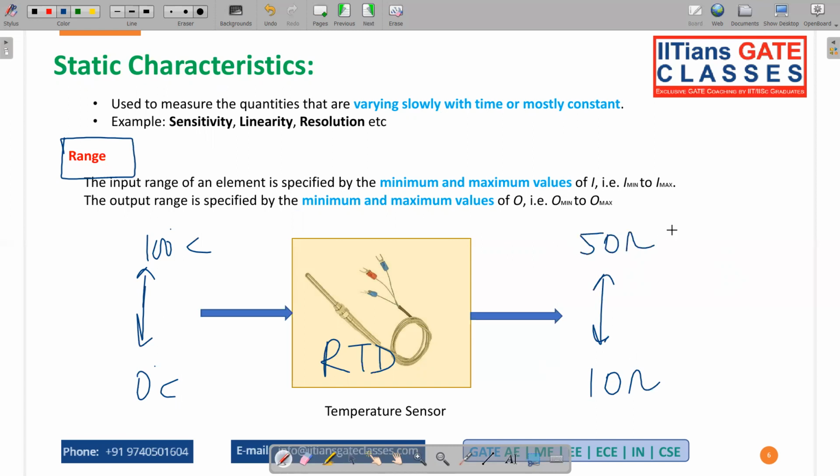Now if I ask you what is the range of the sensor, when input is varying from 0 to 100 degree Celsius and output is from 10 ohms to 50 ohms?